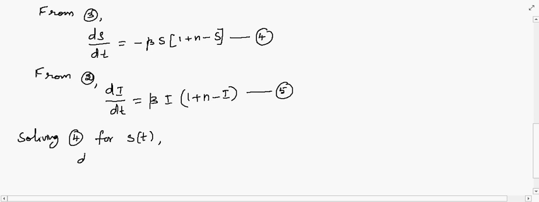So I will be getting dS by S into 1 plus n minus S equal to minus beta dt.